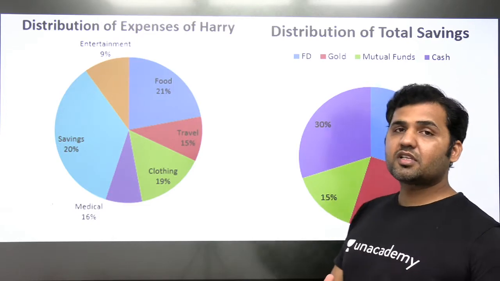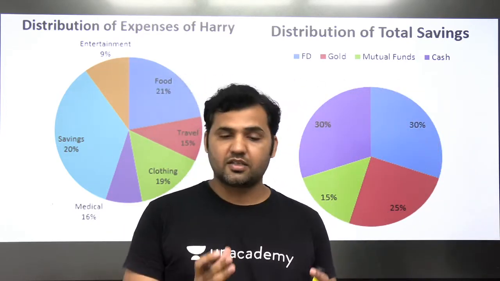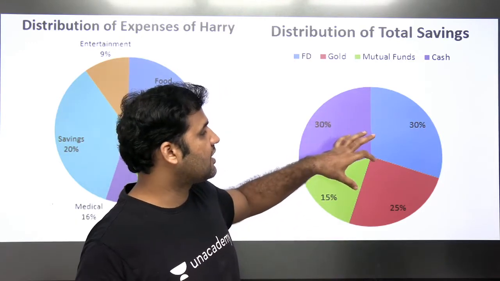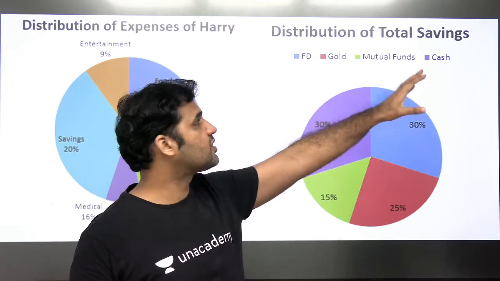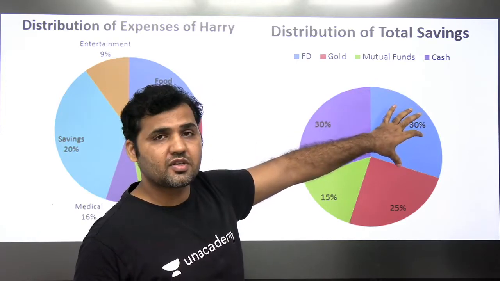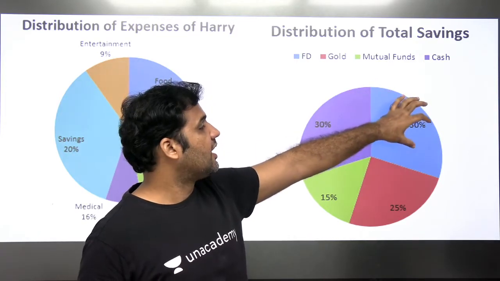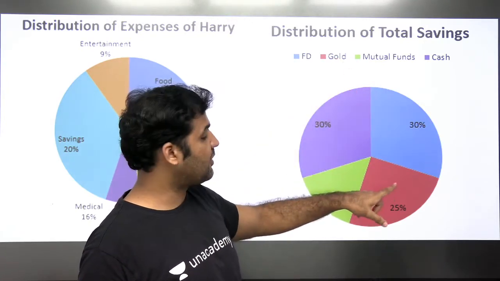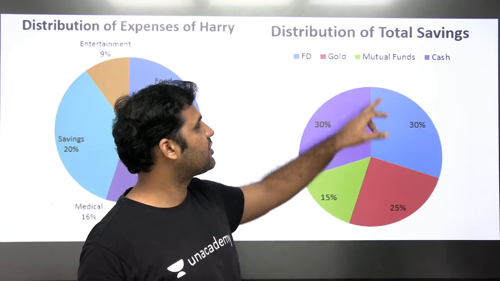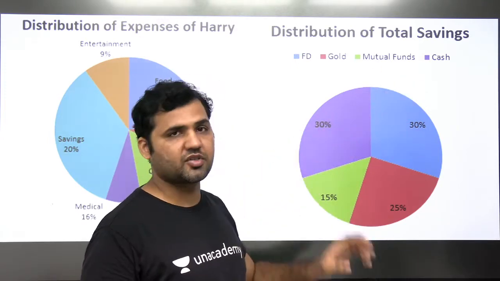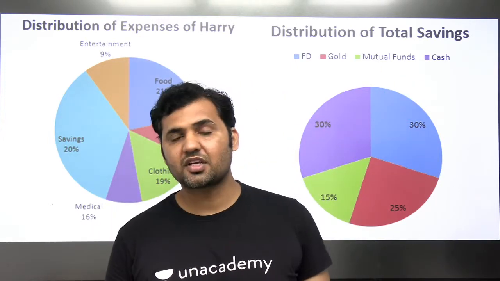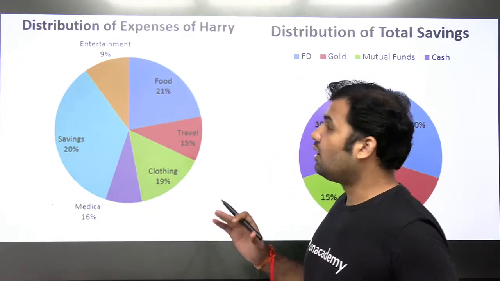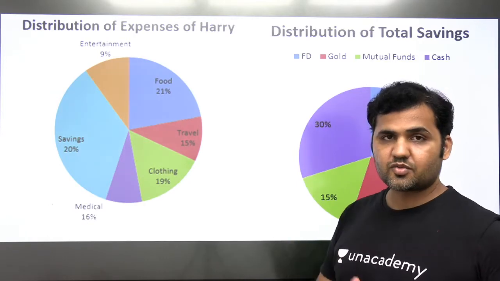That means whatever is the total money that they're saving, the total saving of Tom, Dick and Harry, how that saving is invested in different investment schemes, what percentage goes in the form of FD, how much is invested in gold, that is 25%, mutual fund 15%, and cash 30%. A very basic information to understand, but the main part is that you should know how to connect everything. All the questions of this set are mainly based on the concept of percentage and ratio.